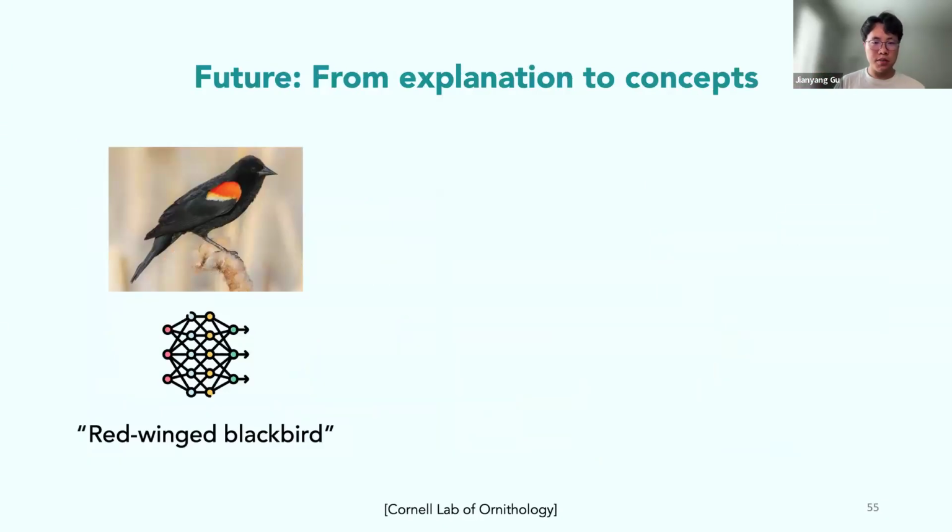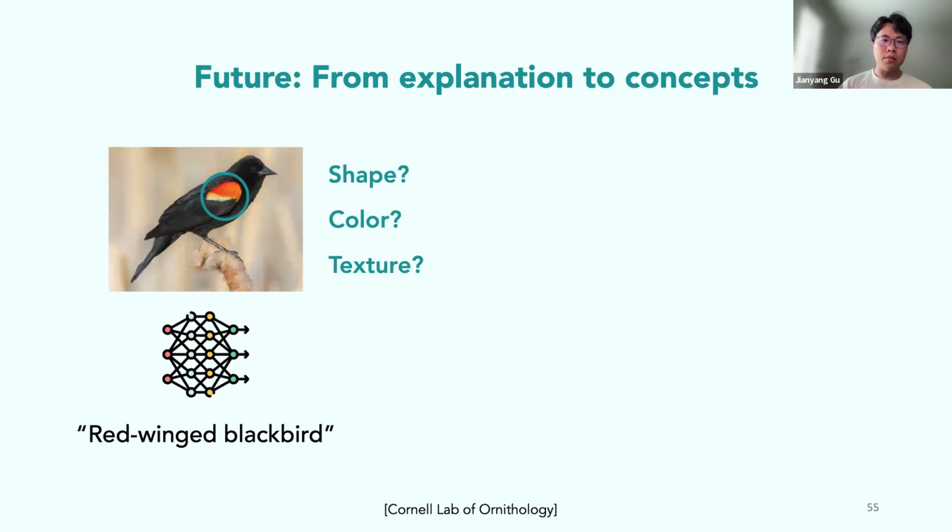And the second step is how we transfer the explanation to concepts. Why is this necessary? Because if you ask a model, using one of our previous saliency map methods, why this image is a red-winged blackbird, it will very likely tell you it's because of these pixels. But is it because of the shape, color, or texture that makes it a red-winged blackbird?